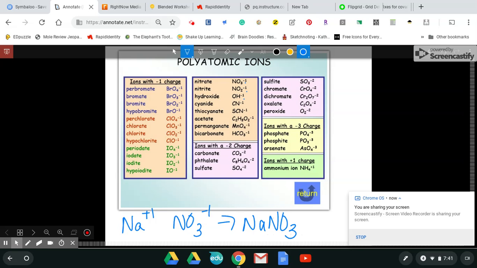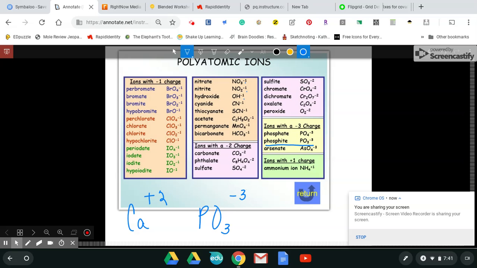Let's say I want to do calcium, and the charge of calcium is +2. And I want to do phosphite. Phosphite is PO3 -3. So this whole compound is where you're going to have to use parentheses.